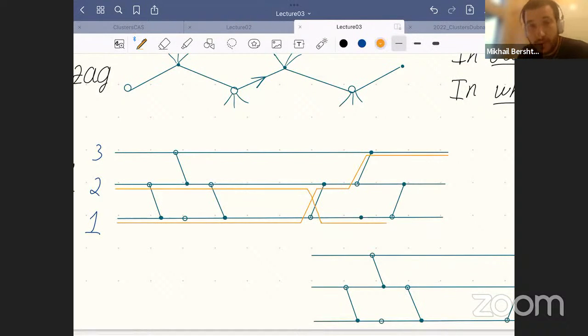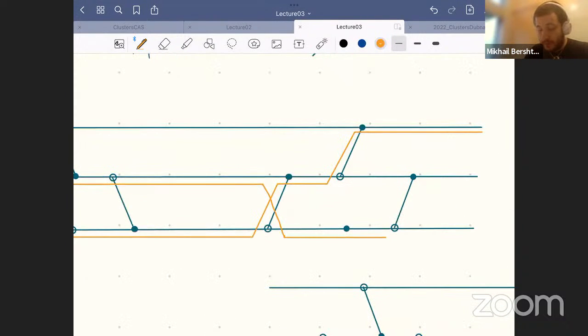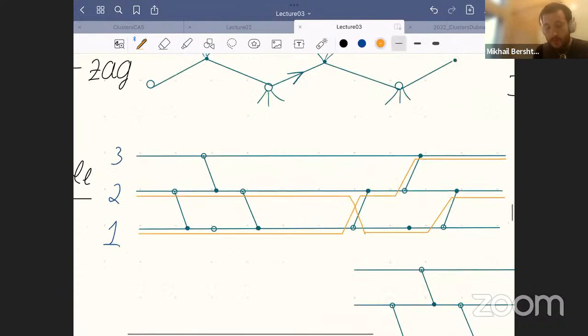And now we have a white vertex. Here we again should, maybe do it this way and then this way.